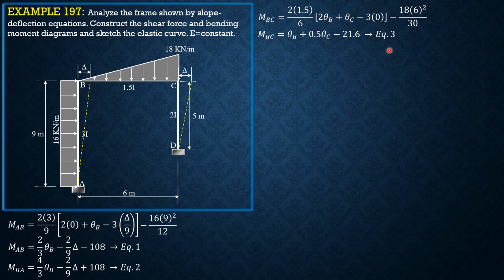Call that equation 3. For MCB, you interchange coefficients, then plus WL square over 20. So MCB is 0.5 theta B plus theta C plus WL square over 20. Simplifying, MCB is equal to 0.5 theta B plus theta C, then plus 32.4. Call that equation 4.